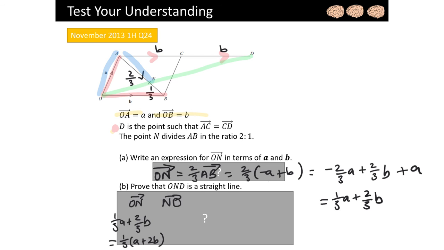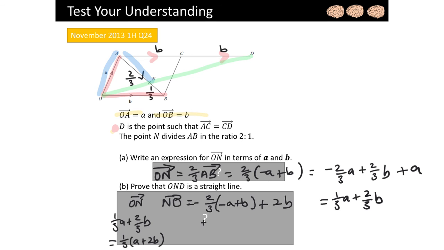Okay. Now, ND. How do I get from N to D? Well, I'm going to do minus 2/3 AB plus 2B. ND, because we went the opposite direction, is minus 2/3 AB, plus 2B.